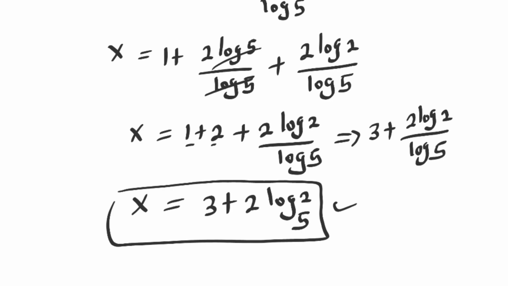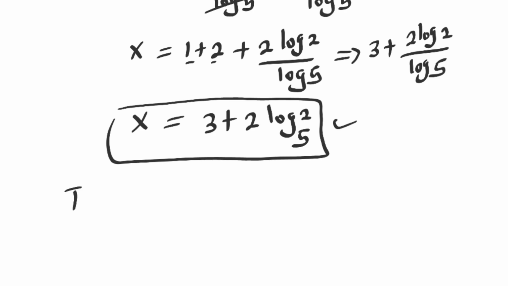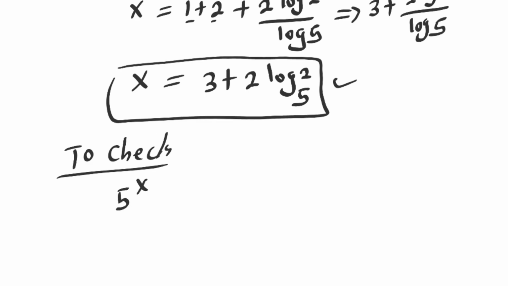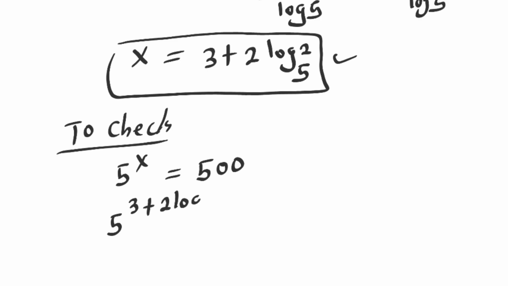We may check to confirm if this answer is right or wrong. Let's check. We have the given equation 5 raised to power x is equal to 500. Then 5 raised to power 3 plus 2 log 2 base 5 must be equal to 500.